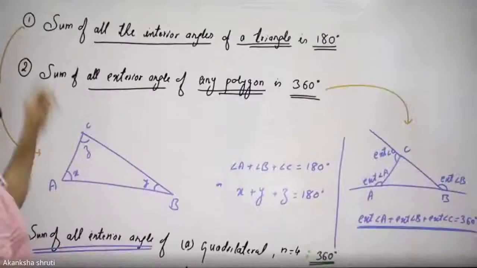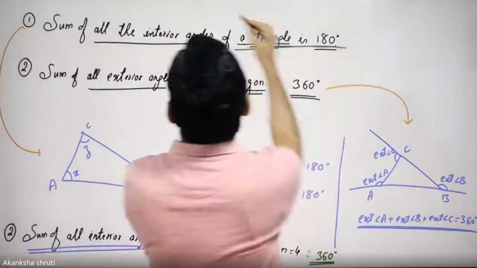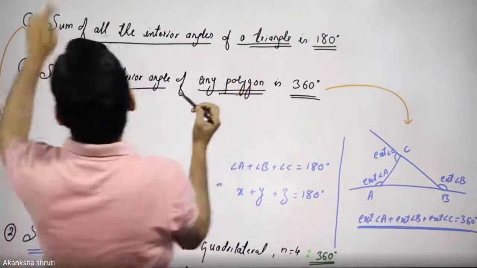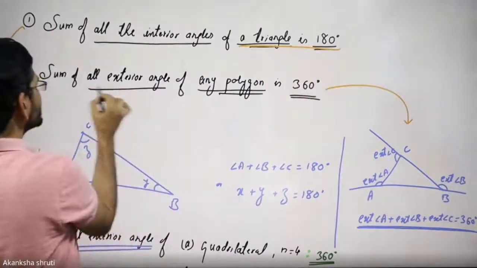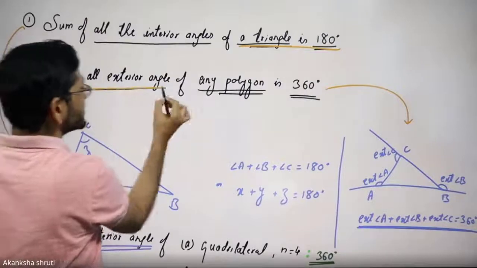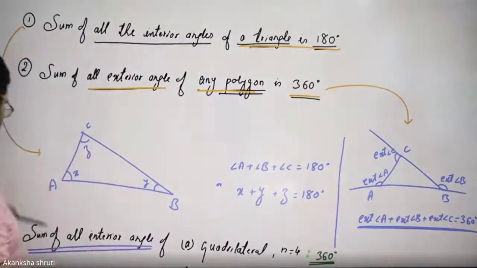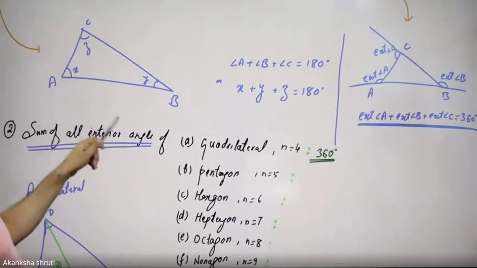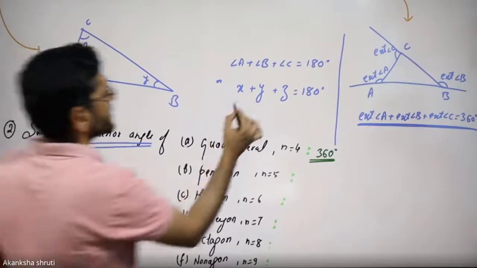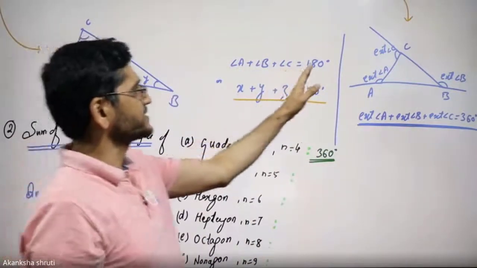The important property: the sum of all internal angles of a triangle is 180 degrees. Keep in mind, this is for the triangle's internal angles. But the sum of all external angles of any polygon is 360 degrees. Like see here, ABC is a triangle, X, Y, Z are their internal angles. So the sum of their internal angles is 180 degrees, meaning angle A plus angle B plus angle C is 180.